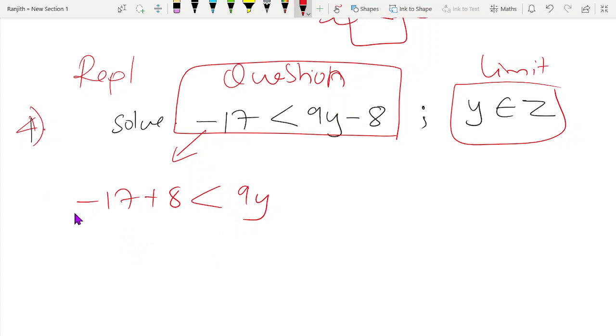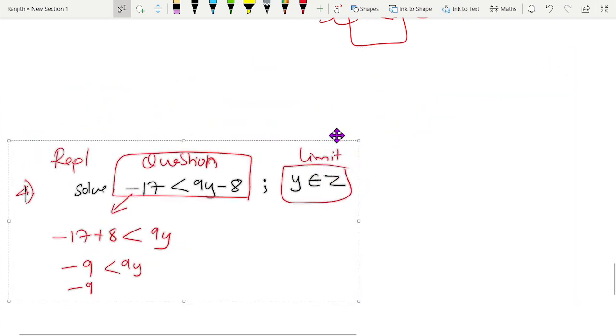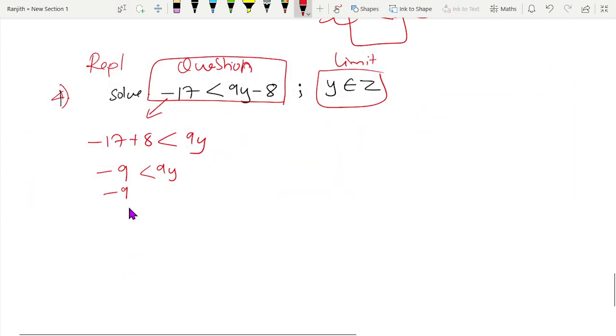Minus 1. Minus 9 remains as it is. Less than, this 9 gets divided. So what is 9 minus 9? So 1.